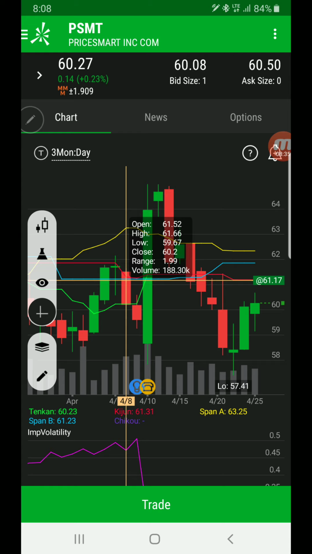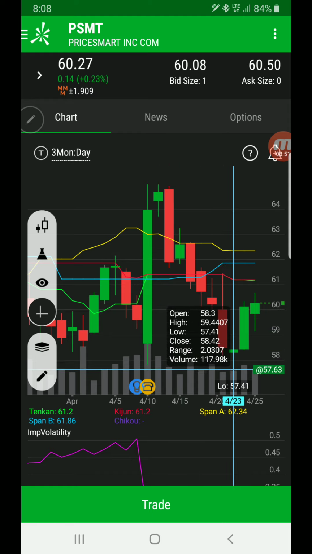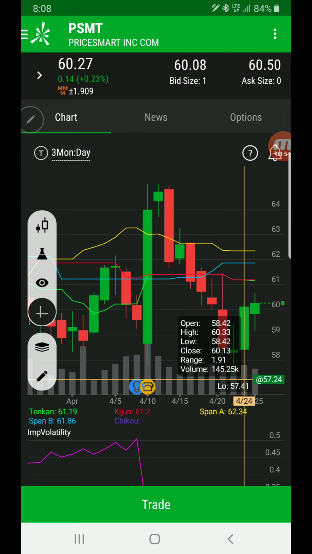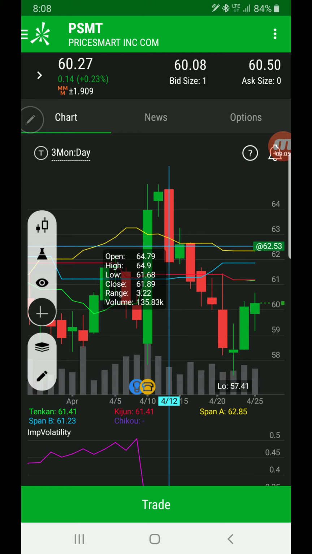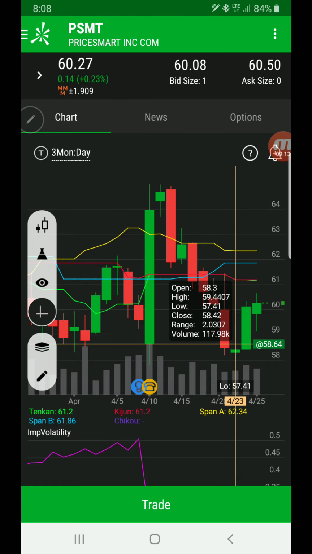It did shoot up. So if you did just that weekly earnings, yeah, you would have had those shares put on you, or you would have gone short the shares actually. But then look at this, it fell. So you would have done okay if you treated that bearish and you sold calls. You would have been short, but you would have done okay for the next week as the price fell from a high of 64.9 down to a low of 57.41.